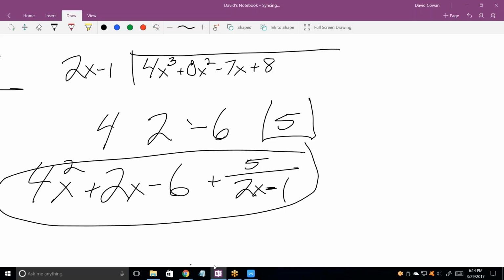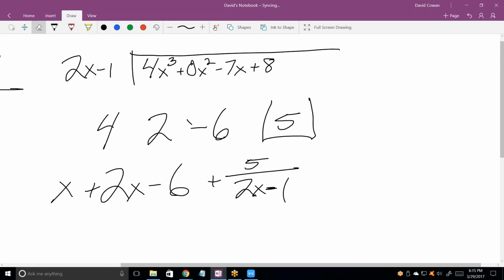Yeah, I can see right away that I'm not going to get 4x squared as an answer. Well, that tells me something. You can't use synthetic division maybe in this. Or at least you got to use it in a different way than I'm using it.